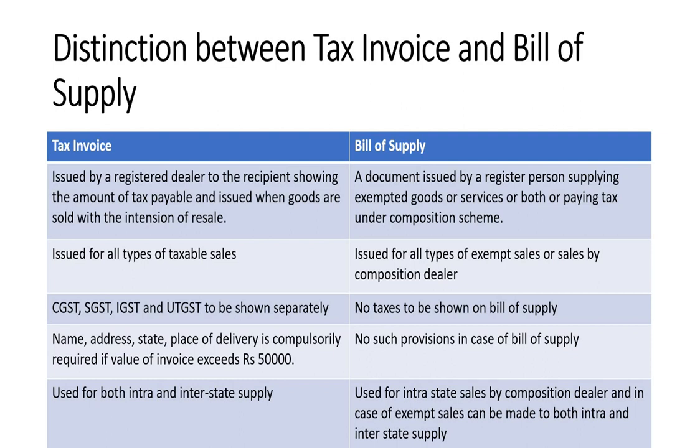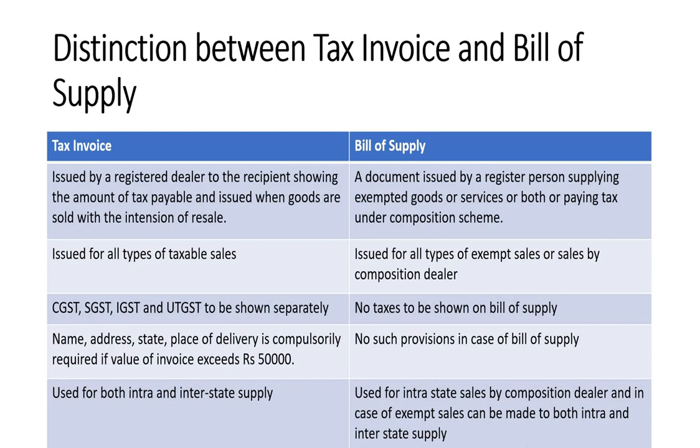Then the tax invoice covers all types of taxable sales, whereas the bill of supply is issued for all types of exempted sales or sales by a composition dealer or by an exporter. The tax invoice shows the bifurcation of the CGST, SGST, and the amount of the IGST or UTGST to be paid by the recipient.